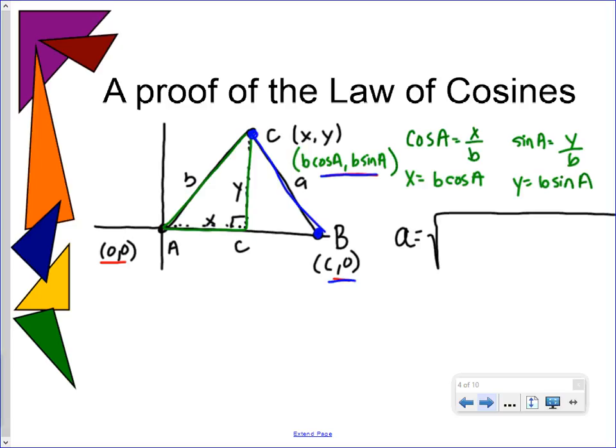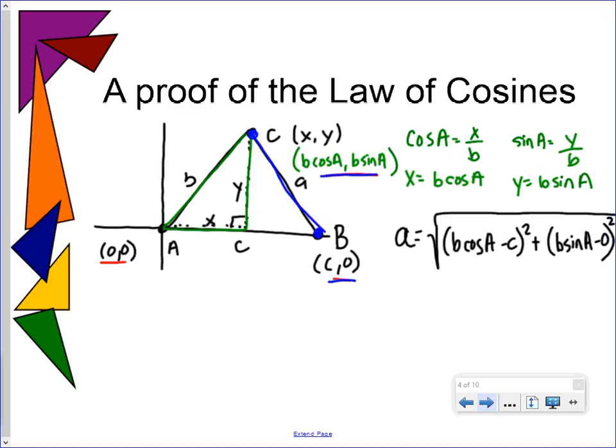It would be something like b cosine A minus c. Okay? So I can put that in for my distance formula: b cosine A minus c squared, plus, and then I've got to do y minus y. So that would be b sine A minus 0, squared.